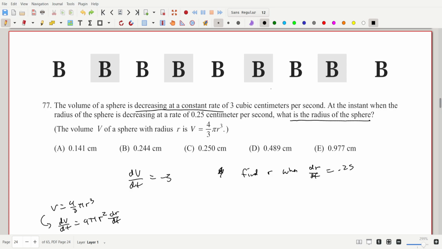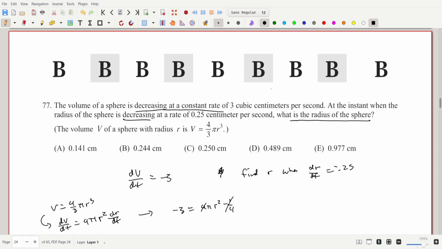And then, let's see. Okay, and we know dV/dt is negative 3, so we get negative 3 equals 4 pi r squared times 0.25, which is a quarter. Let's cancel. Oh, sorry, decreasing at a rate, it makes more sense. Okay, negative. Cool.